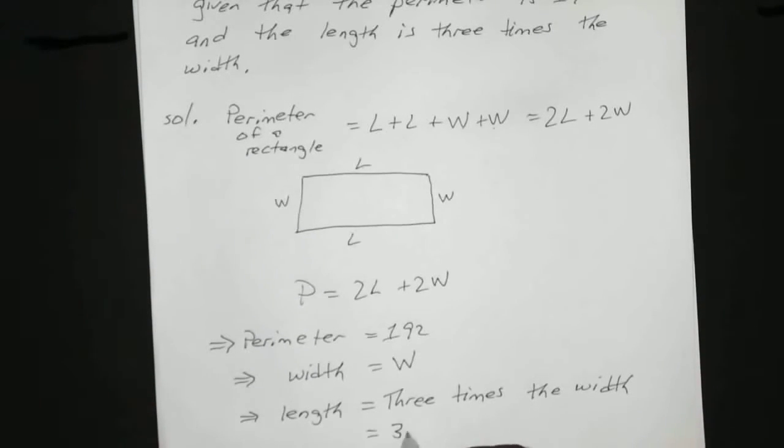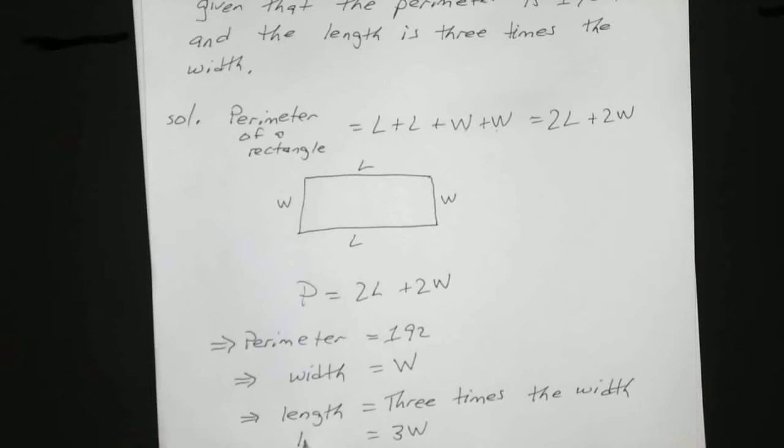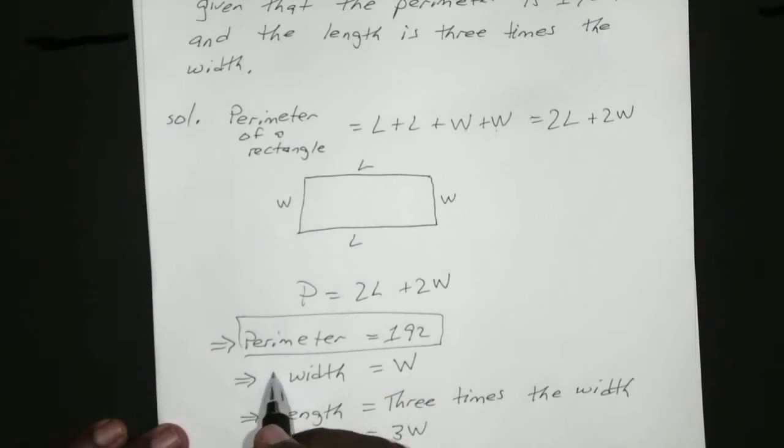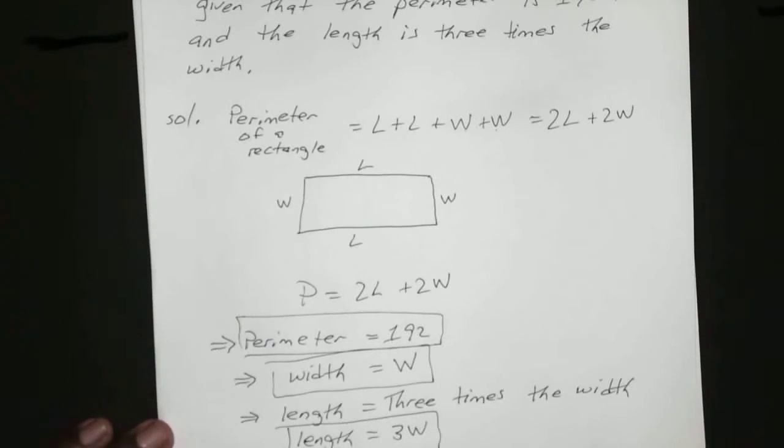That's just going to be 3 times W. Okay, so we have our perimeter, we have our width, and we have our length.